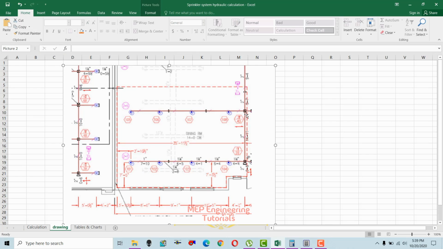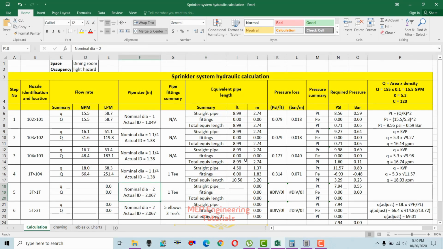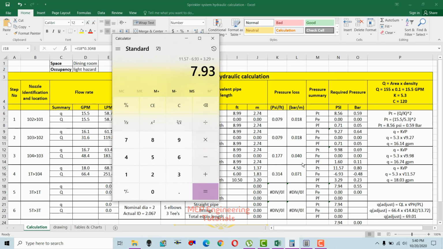This is the branch line, this is the branch line, and the distance between branch lines is 14 feet 11 inches. If you want to convert this into feet, 11 inches means 14.92, so that means 14.92 feet of straight pipe.